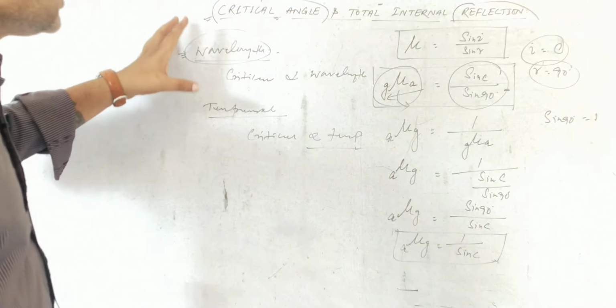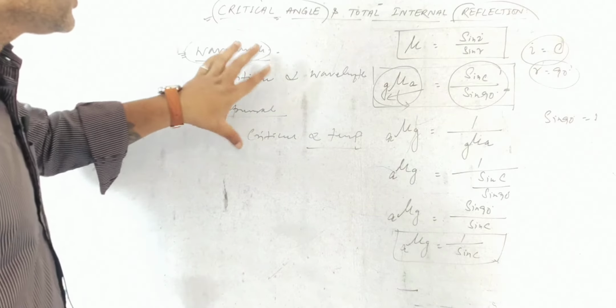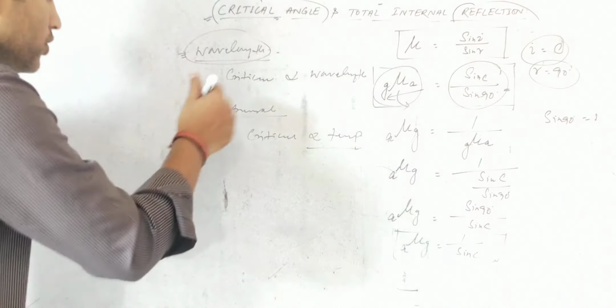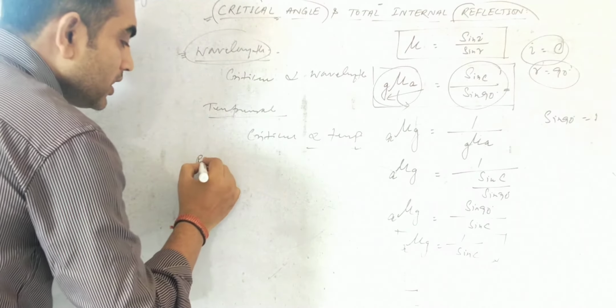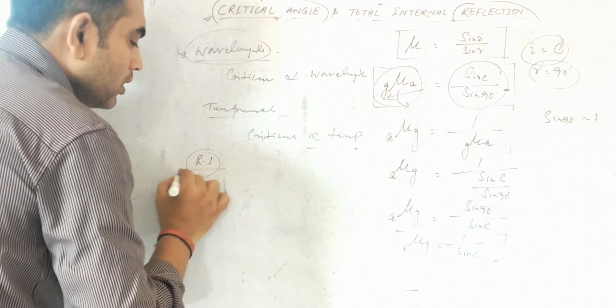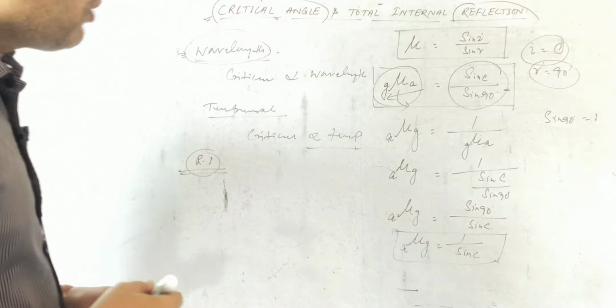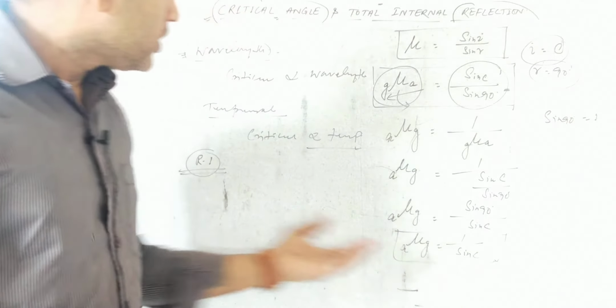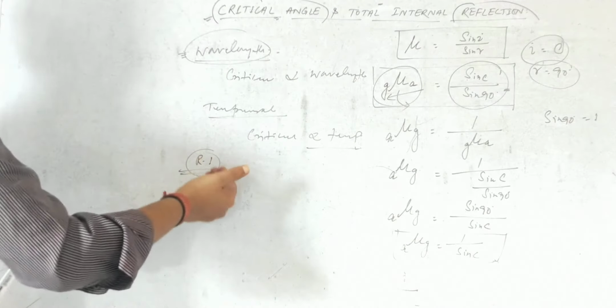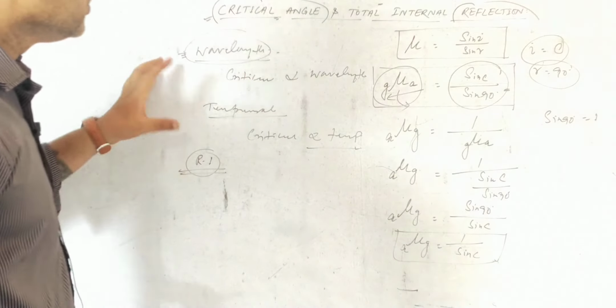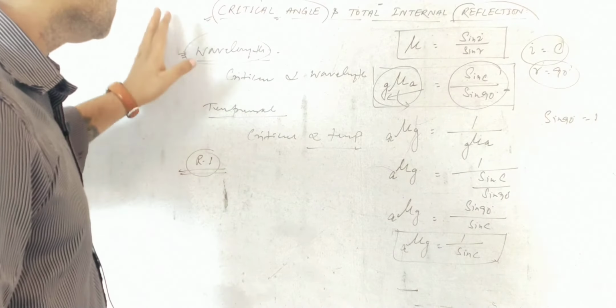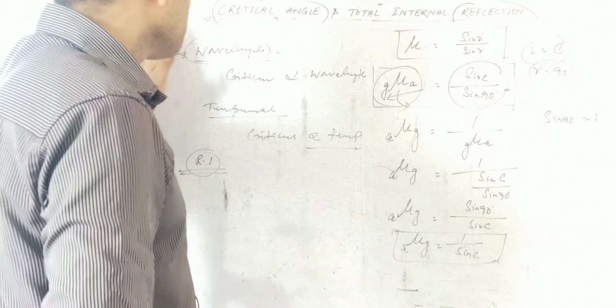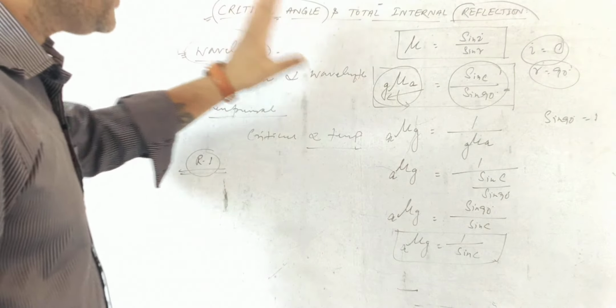So the third factor is the refractive index. The critical angle is inversely proportional to the refractive index of the medium. So these are the three factors for the critical angle.